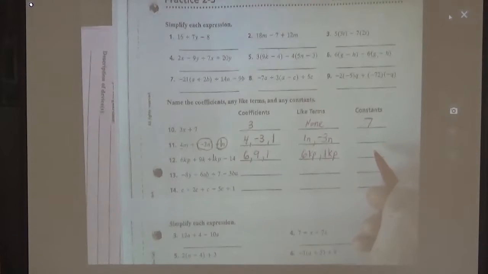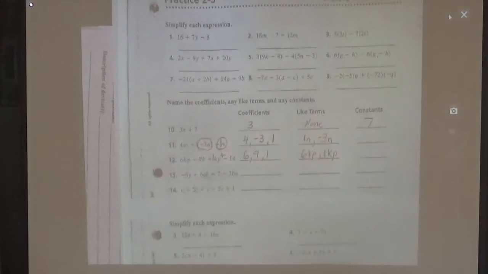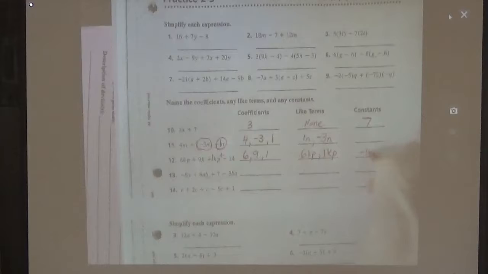And are there any constant terms? Bethany? Close. It's negative 14. Remember, the negative sign stays with the number. I thought that this was a minus sign.